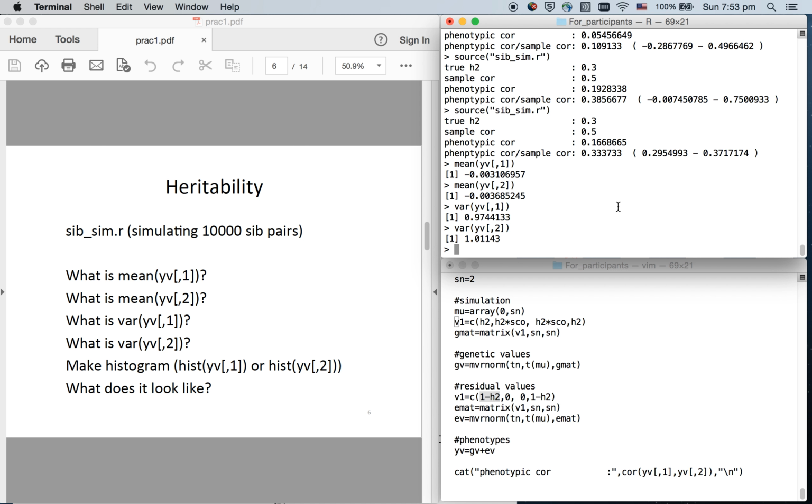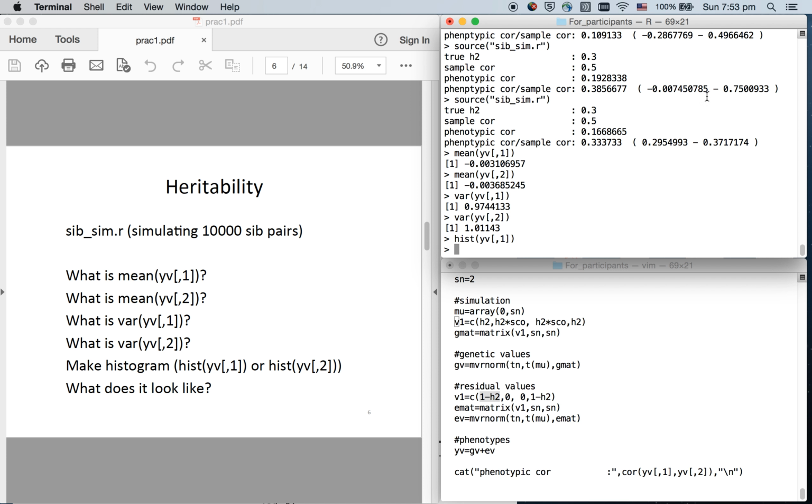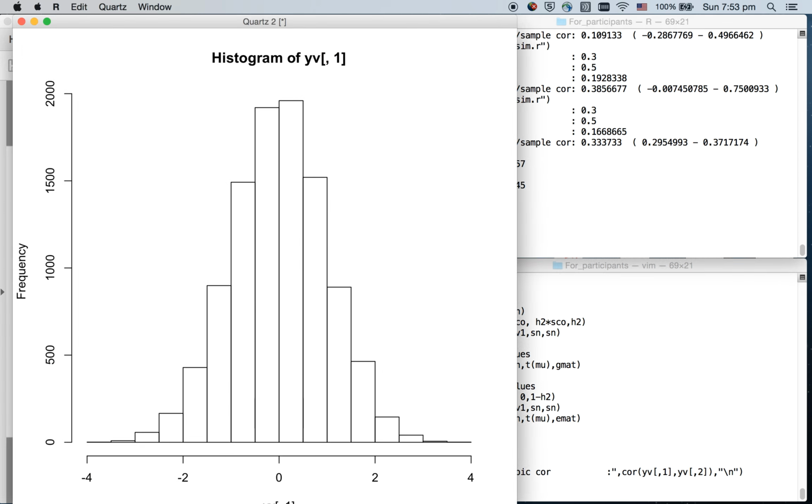So let's make a histogram for the first sib. Give hist of y1. Yeah, it looks like this. This is mean 0, and the variance is 1, around here. This is around a 1 standard deviation interval.